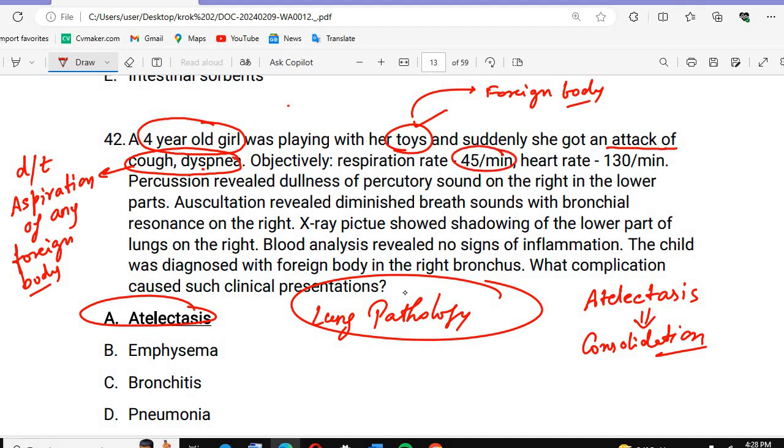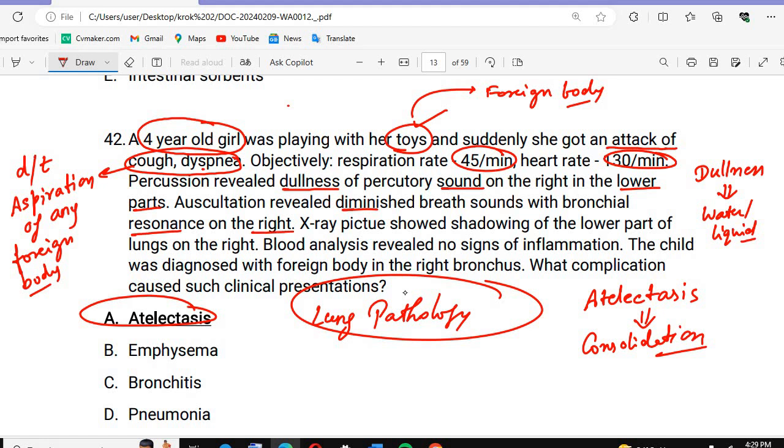Objectively, we can see the respiratory rate is 45 per minute, heart rate is 130 per minute. Percussion revealed dullness of percussion sound on the right in the lower parts. If dullness is present in any part of the lungs, it means something heavy is there, water, any liquid, or some mass is present in that region. Auscultation reveals diminished breath sounds with bronchial resonance on the right.